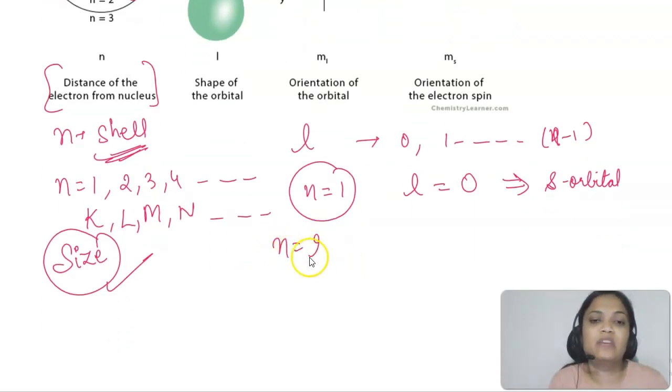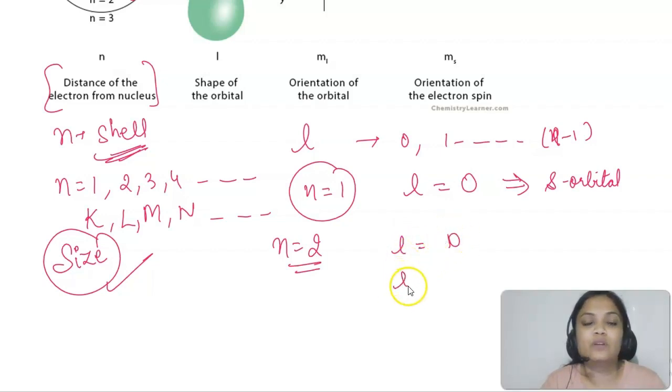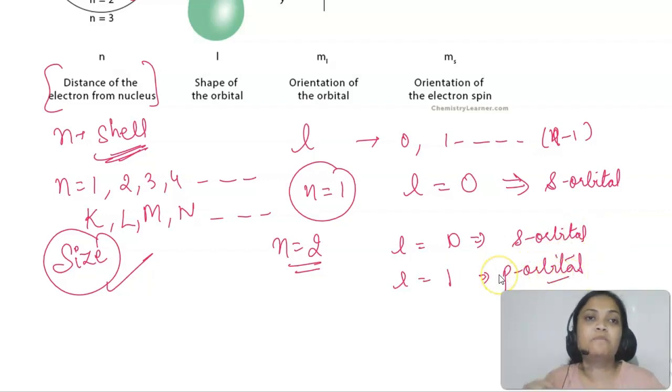Similarly, if I am having n equal to 2, means if I am talking about the second shell, this second shell will be having two values, l equal to 0 and l equal to 1. So it will be having an s orbital and a p orbital. So l equal to 1 denotes the p orbital.